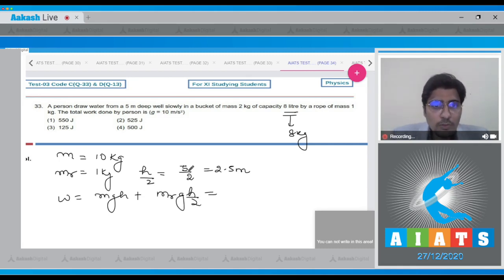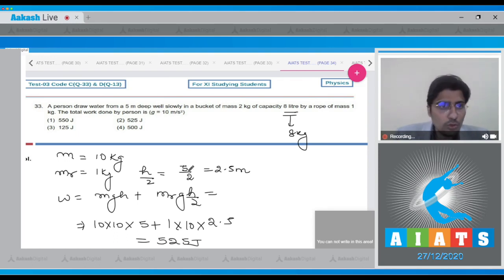So this we can write down to be equal to 10 into 10 into 5, plus 1 into 10 into 2.5, and this will be equal to 525 joules, meaning that the correct answer for this question is option number 2.